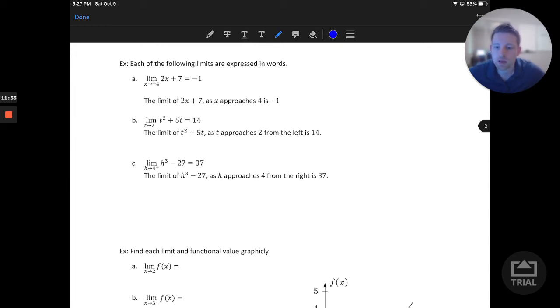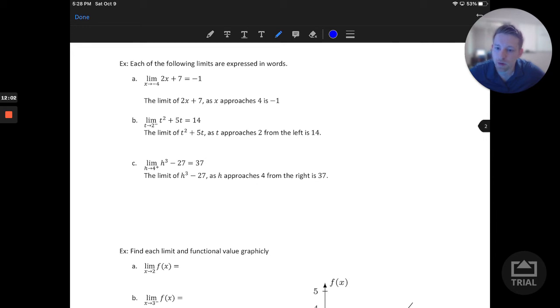So part A, part B, and part C here are three ways we can describe limits. One is a two-sided limit, one is a left-sided limit, and then part C is a right-sided limit. The first one we can describe in part A is the limit of 2x plus 7, that's our function, as x approaches 4, we would say that is -1.